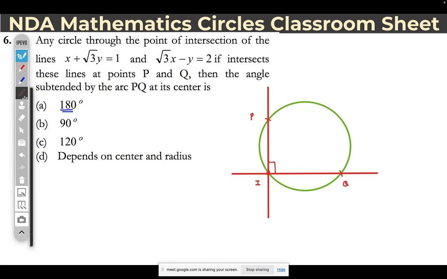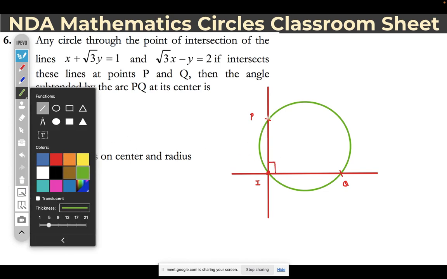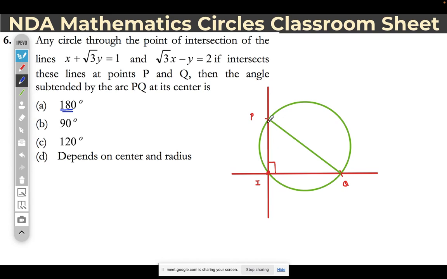And this happens when PQ is the diameter. You know it, right? Angles made on the diameter are 90 degrees. The angle subtended by PQ at the center is 180, double of it. Ninth grade. Clear? Clear, sir. Sure? Yes, sir.